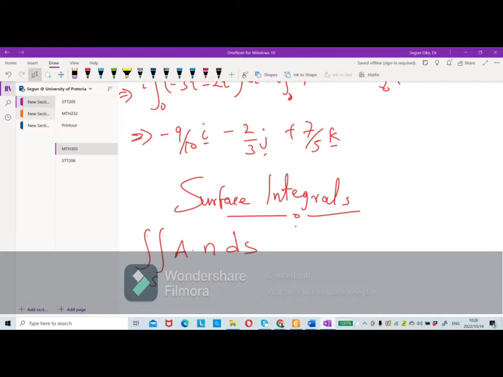We have a unit normal there, which is paramount to what we are doing. And we have to do the parameterization.